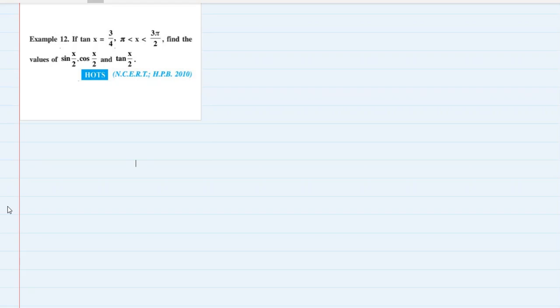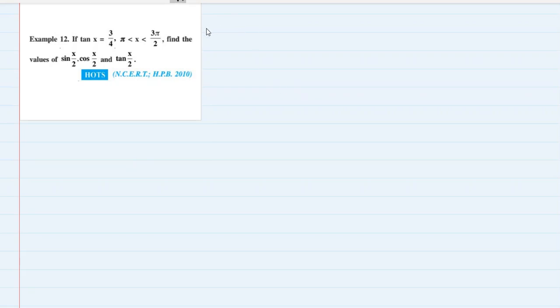Suppose you have 180. If you divide 180 by 2, you get 90. So anything greater than 180, if you divide by 2, will be greater than 90. So if x is in the third quadrant, x by 2 will be in the second quadrant.